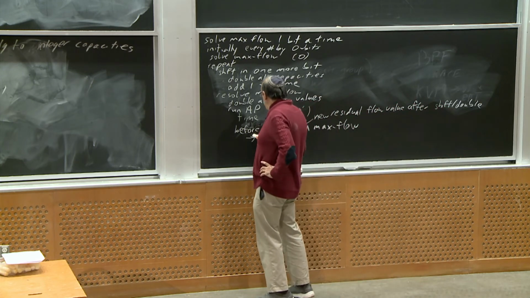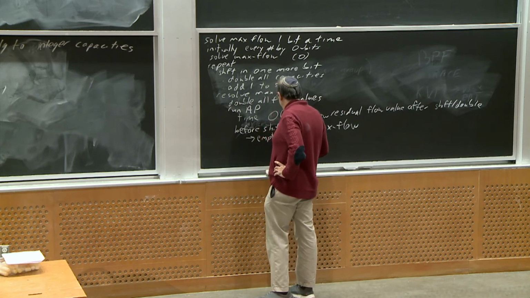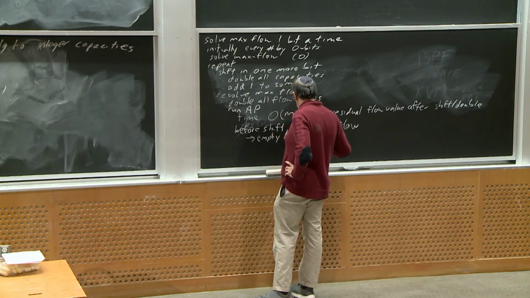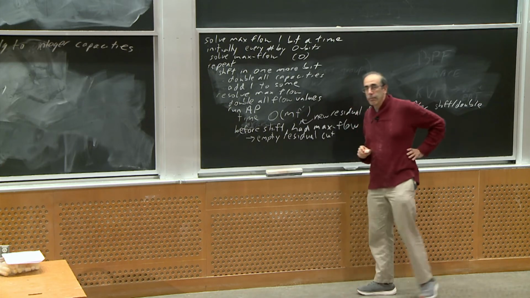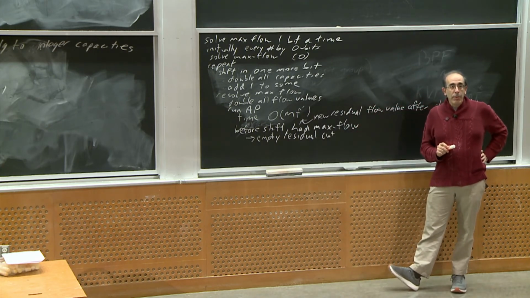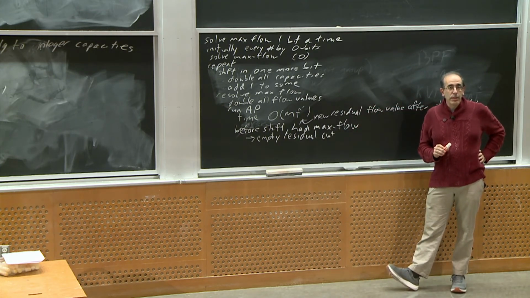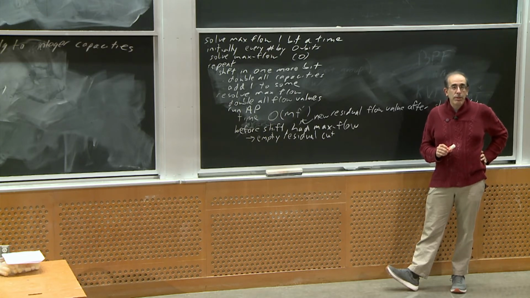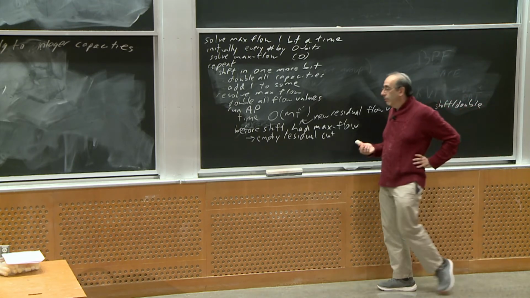What does that mean? It means there was an empty residual cut. Now, what happens when we double all of the capacities? What can we say about that empty residual cut? Well, it's still going to be empty because we're also doubling all of the flows, right?